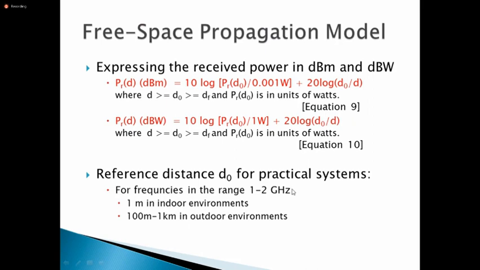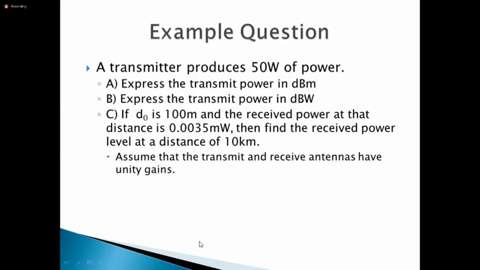Frequency ranges from 1 to 2 gigahertz. gigahertz එකක් සහ දෙකක් අතර waves පාවිච්චි කරනකොට indoor environments වල antenna එකේ ඉඳන් මීටරයකට එහා තමයි මේ close-in distance එක D naught තියෙන්නේ. එහෙම නැත්නම් outdoor environments වල 100 m to 1 kilometer වලින් එහා තමයි close-in distance එක තියෙන්නේ. ඒ කියන්නේ 100 m to 1 km වෙනකම්ම තියෙන්නේ near field එක. හරිද? එතනින් එහාට තමයි far field එක තියෙන්නේ in outdoor environments. Okay? Right.